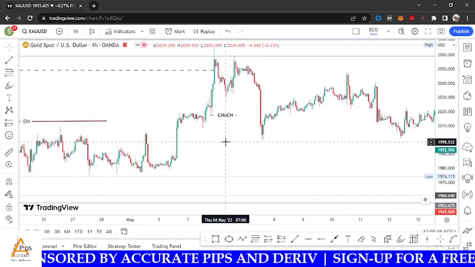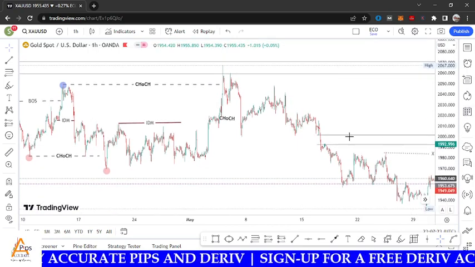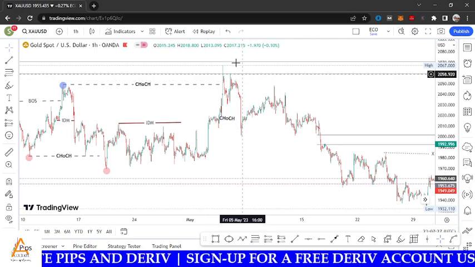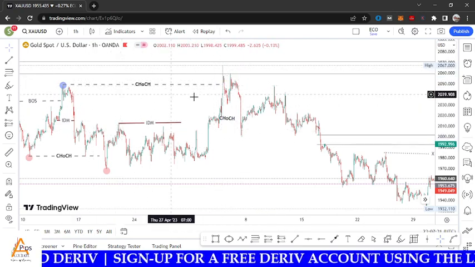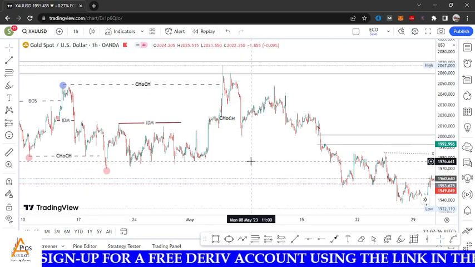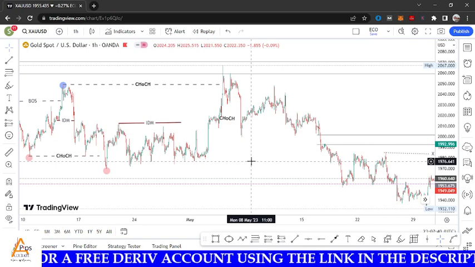Now let me explain something. When I am trading counter trades, I only consider valid change of characters when price taps into my higher time frame zone. All these other change of characters, I ignore them, but I mark them out as an idea of what is happening in the market.